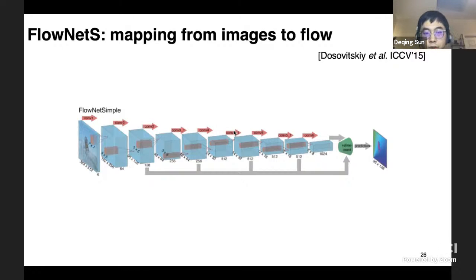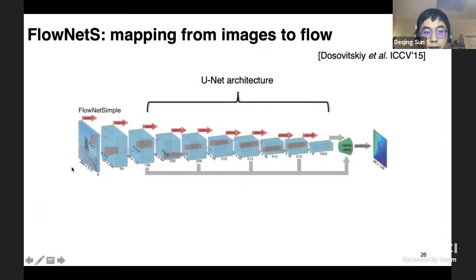What they did was very simple. They proposed a network architecture, and they stack the two input images and use the UNet architecture, which is a generic network, to predict the optical flow.